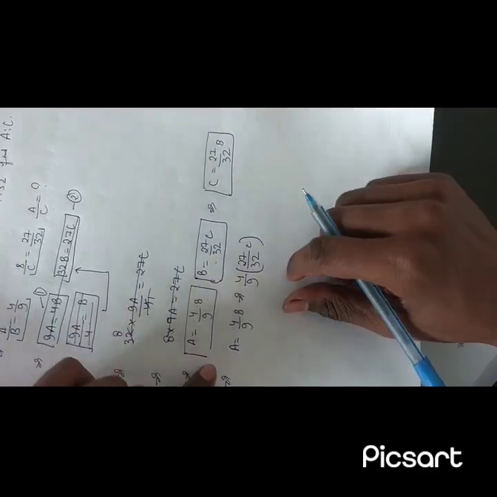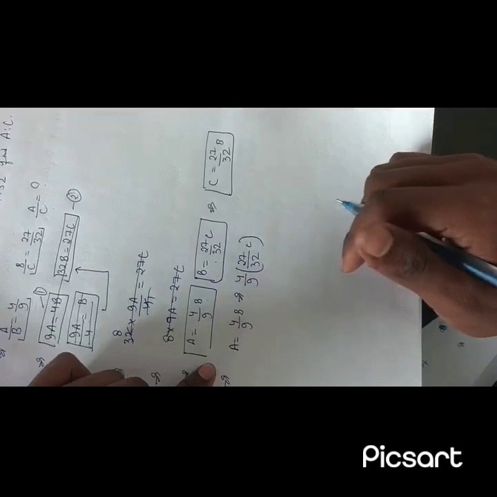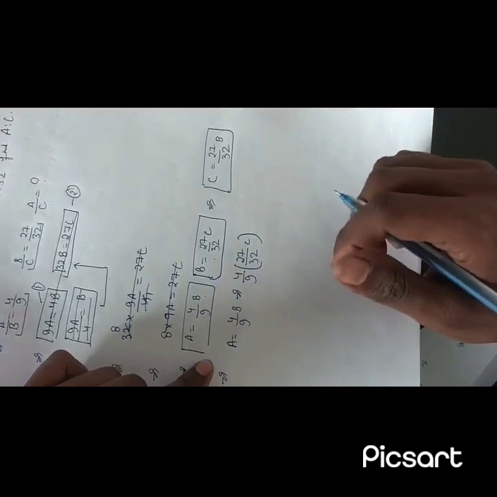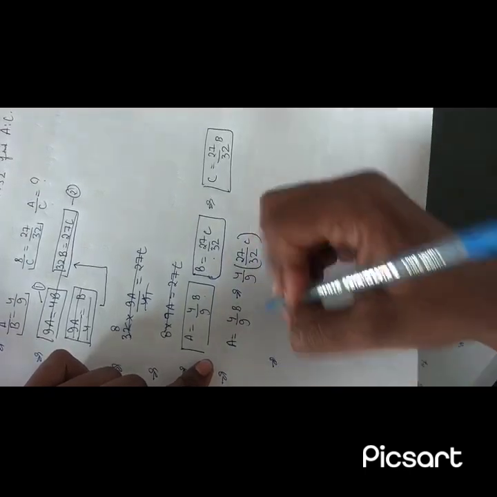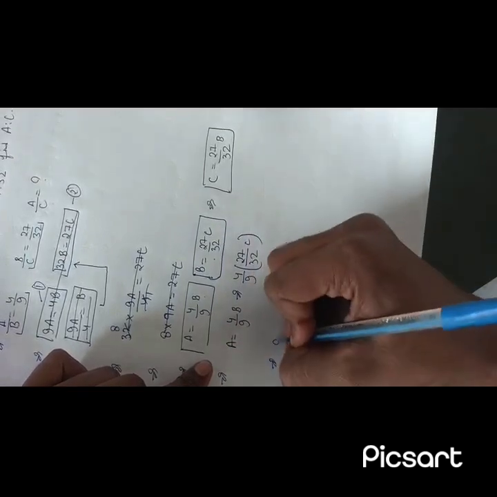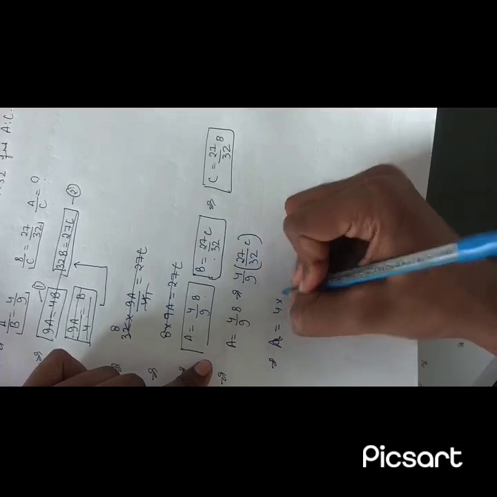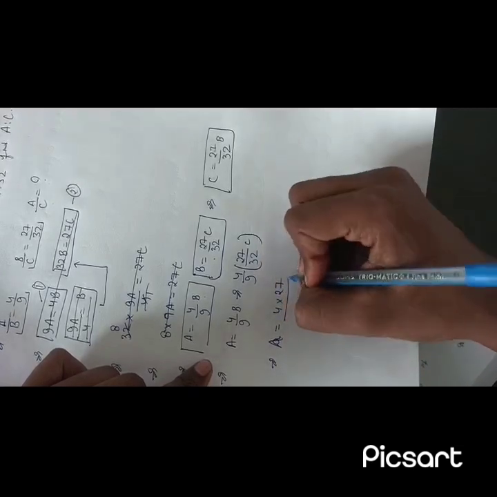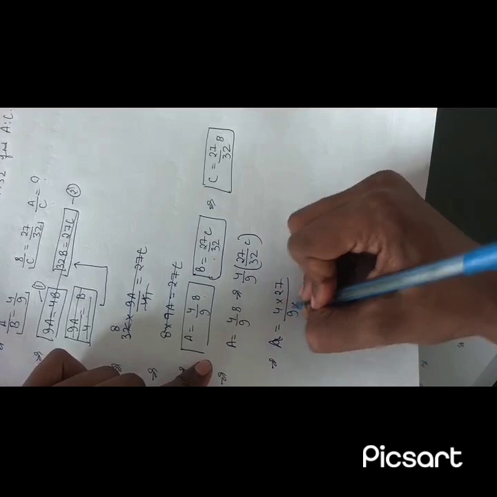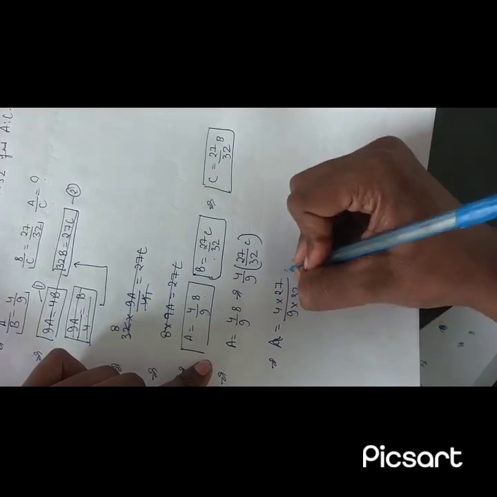We have substituted the b value over here. Now we have to find the value of a, so it is 4 into 27 upon 9 into 32 c.